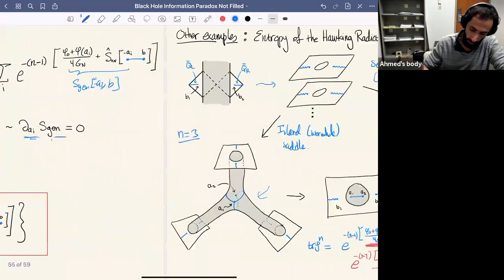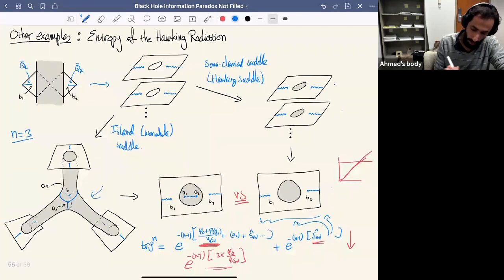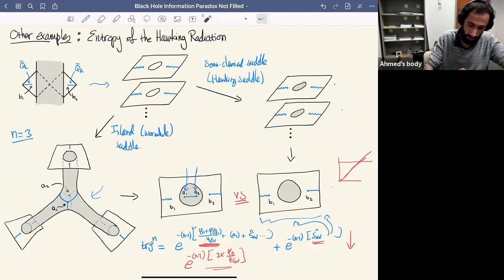In fact, that's important. In this story, in the simplest cases, there is no saddle if you take the diagram I have here literally, where B1, A1, A2, and B2 all have zero Lorentzian evolution.